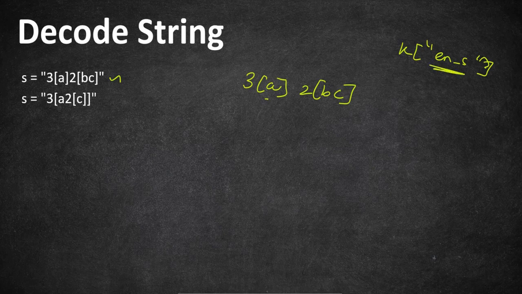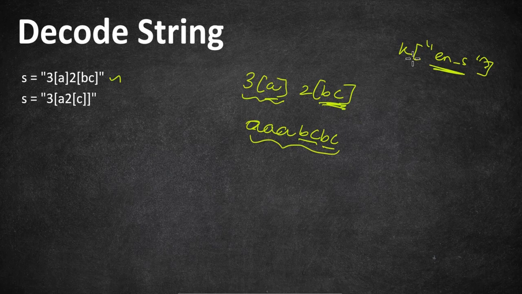So here A is the encoded string, and this complete string is going to become 3 A's. And BC is the encoded string that we have to multiply 2 times, so it becomes 2 BCs. And this is the overall output of the first example.